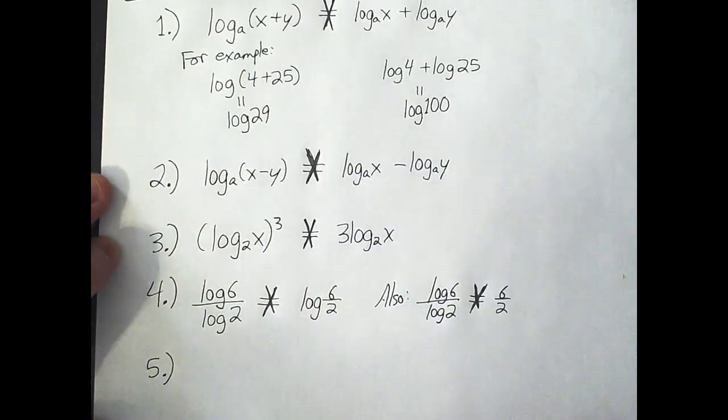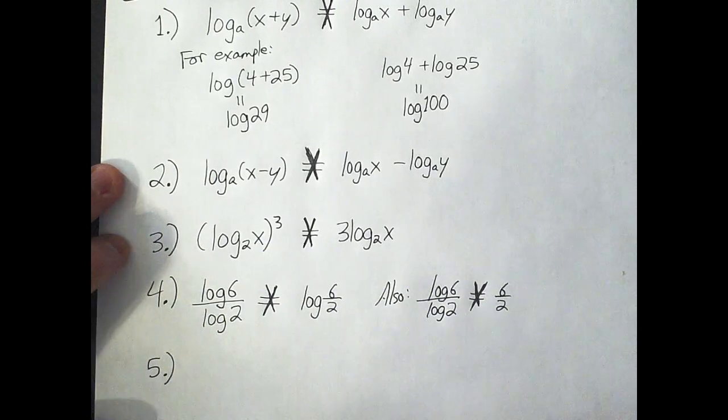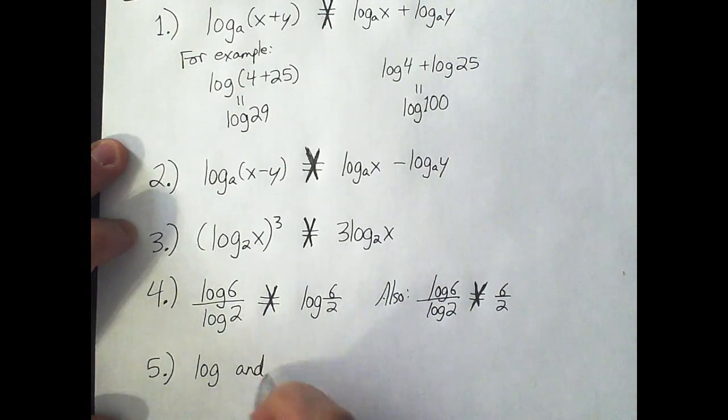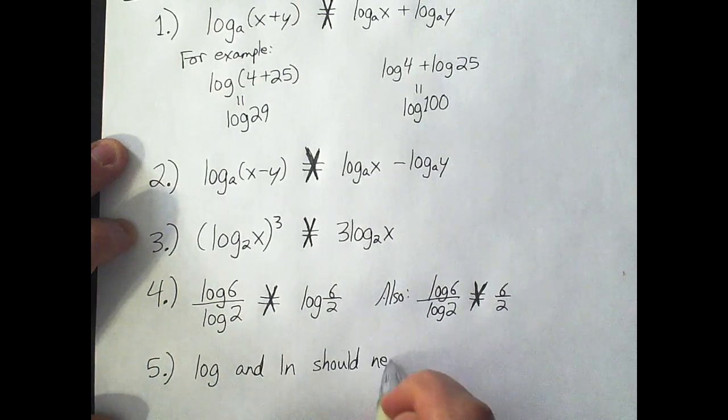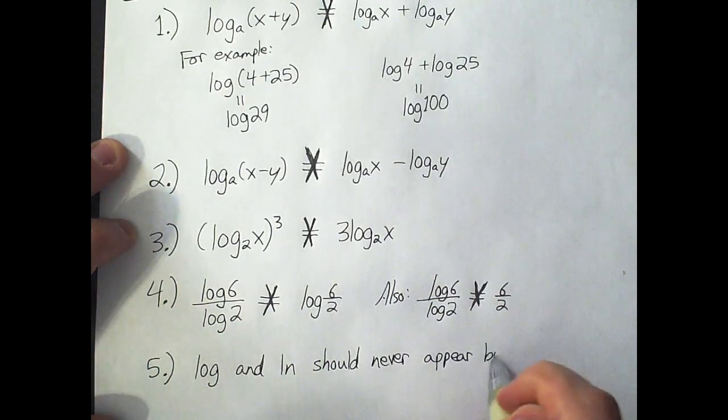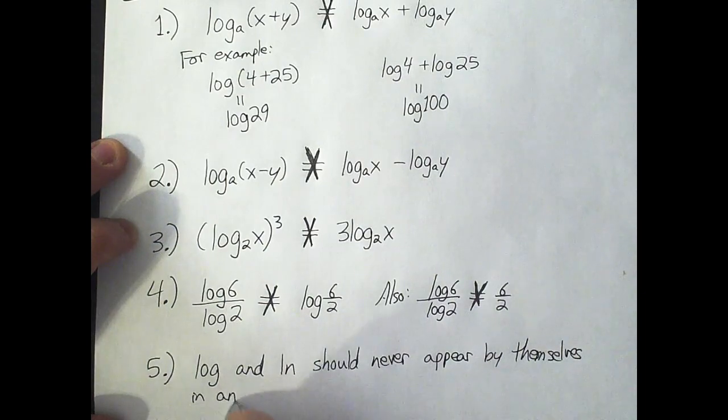And the 5th one on common mistakes to watch out for is that log and ln should never appear by themselves in an answer.